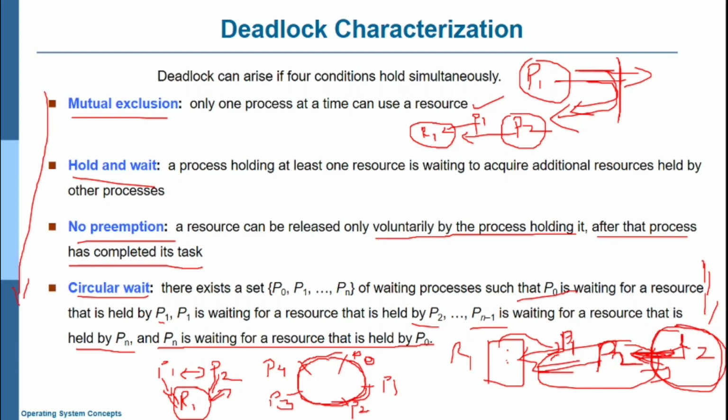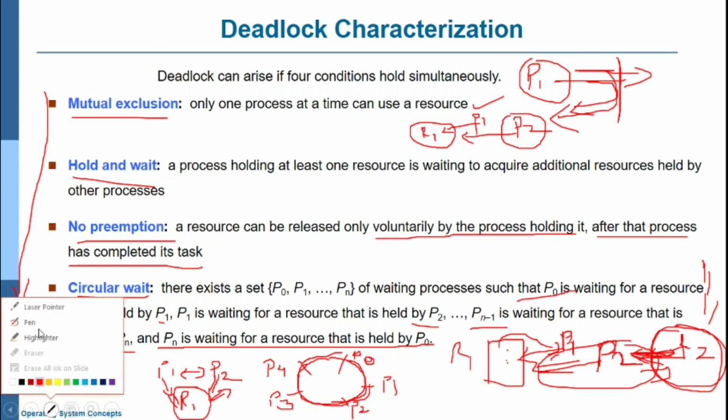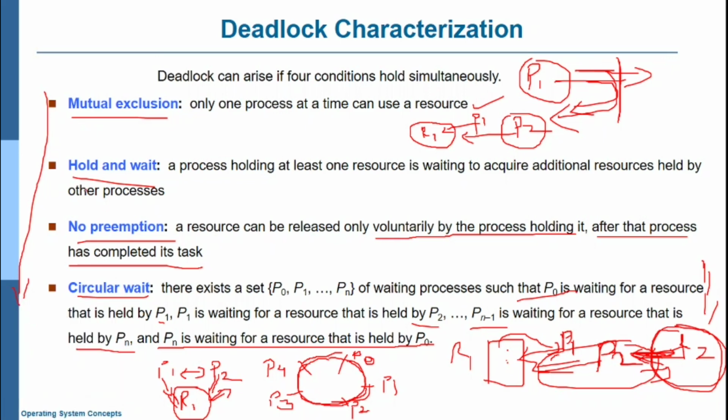All these four conditions must occur simultaneously, then only deadlock occurs, otherwise no. They can ask in the examination, what are the characterizations of deadlock? So you should write all these four conditions.